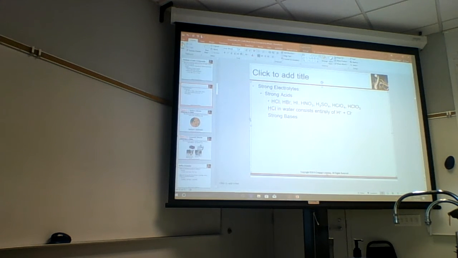Strong bases you don't have to memorize, but you should know a couple of them at least. CH3 minus. We'll skip that one. That one's not that common. Let's do NH2 minus. What's it called? O2 minus. OH minus.